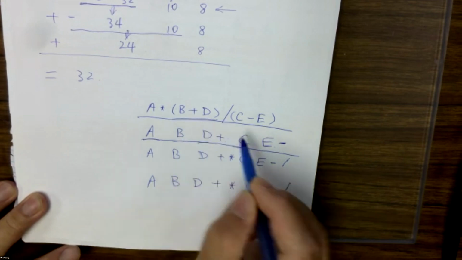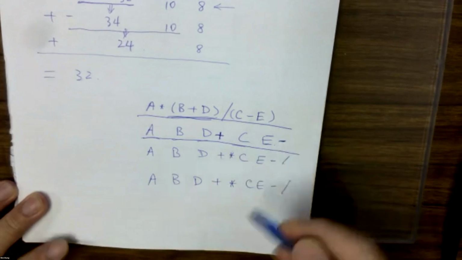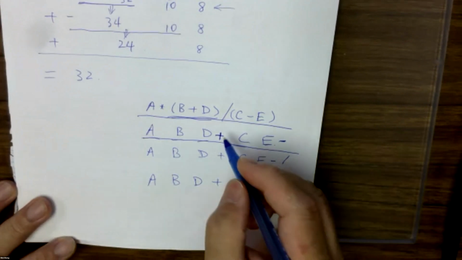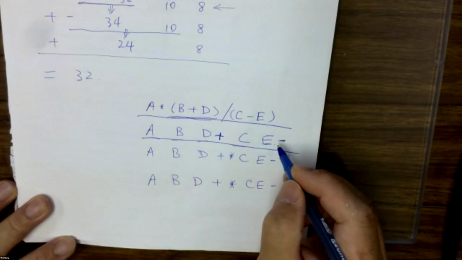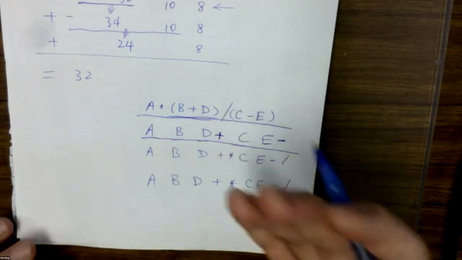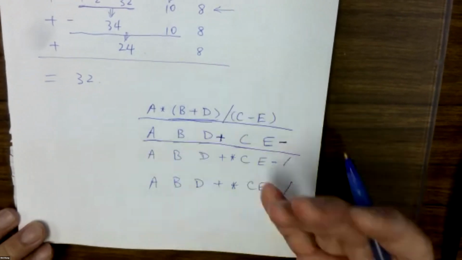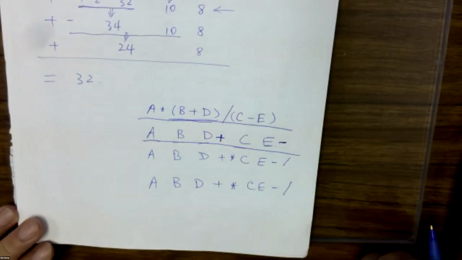First we do B plus D, so I kind of skipped a couple of steps. First we do B plus D, and then we do C minus E. And for postfix, we just put the operator after the operands.